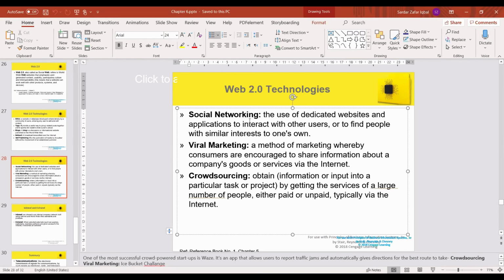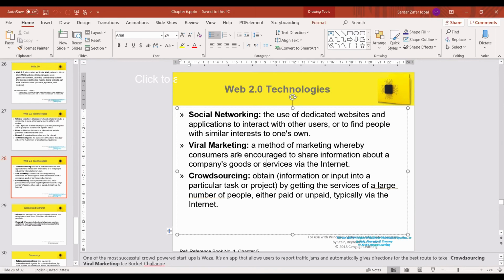Then we have viral marketing on internet. It's very common nowadays. A method of marketing whereby consumers are encouraged to share information about a company's goods, services via internet. For example, some company asks you, okay, I will give you this T-shirt, so can you do marketing on your account on Instagram or Facebook?